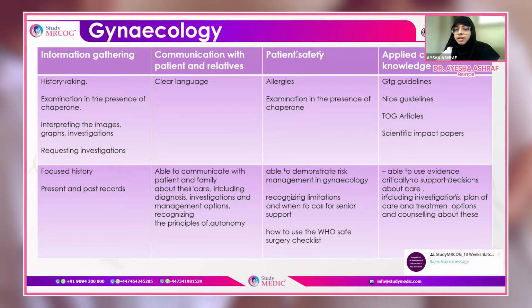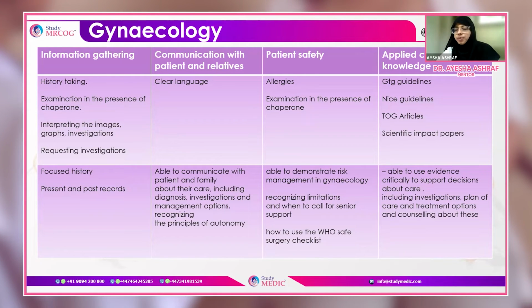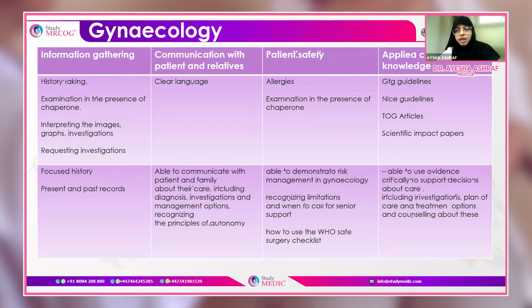Able to demonstrate risk management in gynecology. Recognize your limitations and when to call for senior support. That's very, very important. Suppose there is a patient who has undergone two previous surgeries and has a high BMI, and she is for TAH.